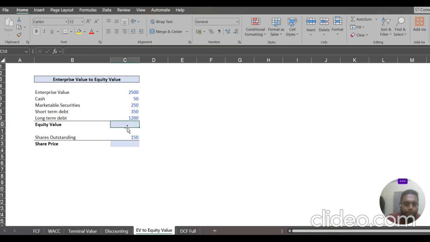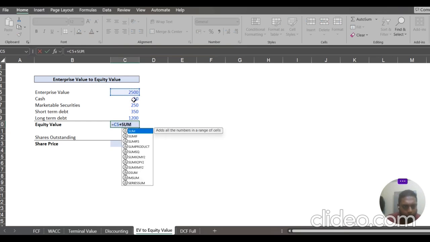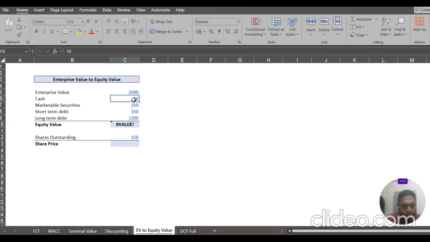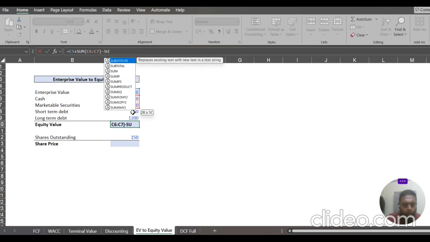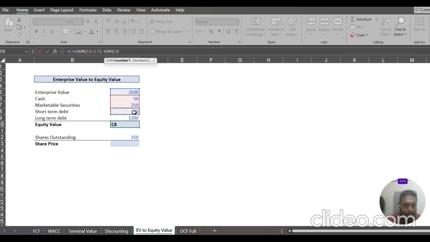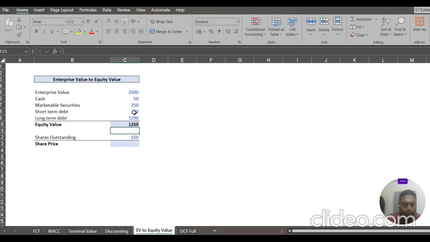So herein equity value is equal to enterprise value plus sum of the cash, where marketable securities also we take as cash only, minus sum of debt, long term and short term. Now we find the share price, which is equity value divided by the number of shares issued, which is 8.33.